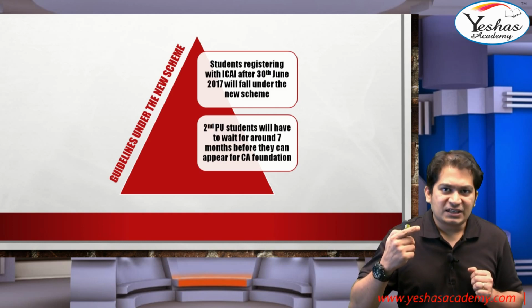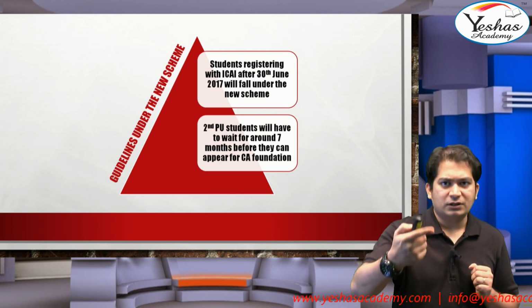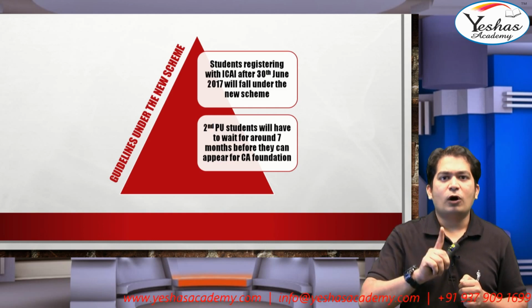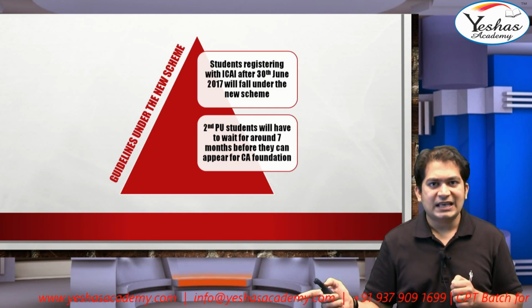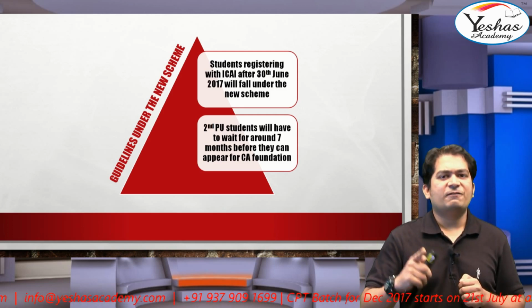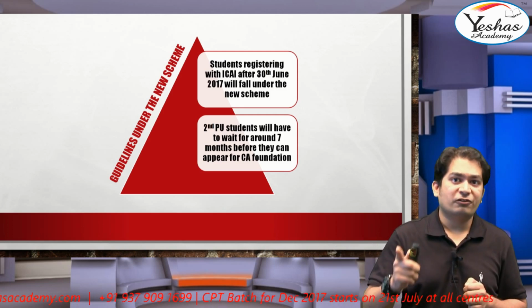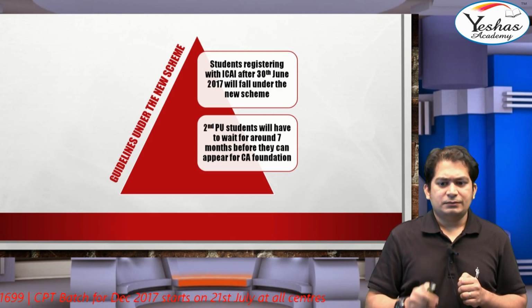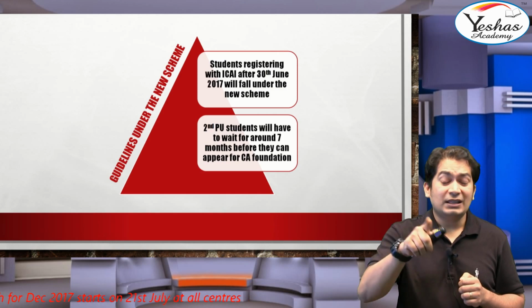So students registering after 30th June, say on 1st of July 2017, will fall under the new scheme of examination and will be allowed to take the CA Foundation examination in the month of November. Clear? Next, in the month of May.